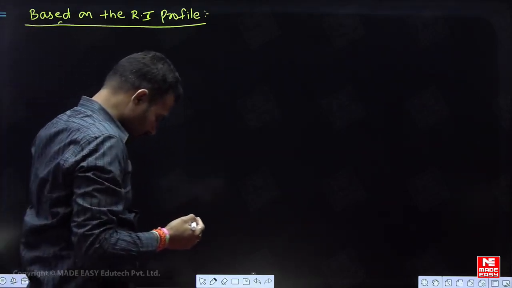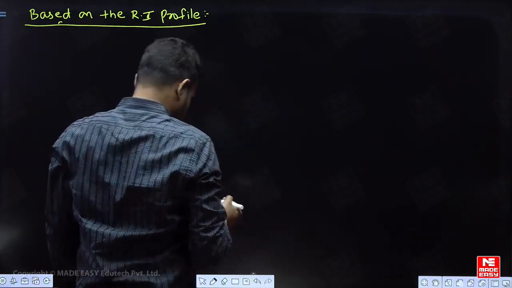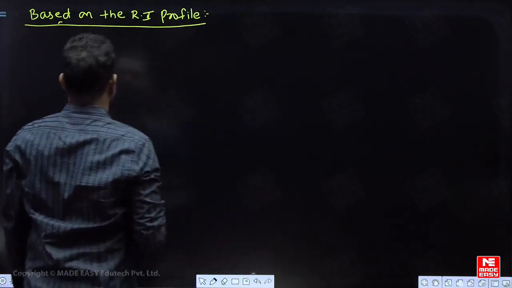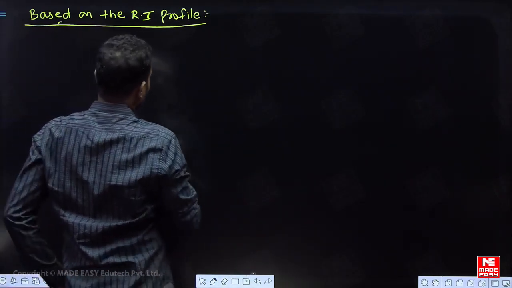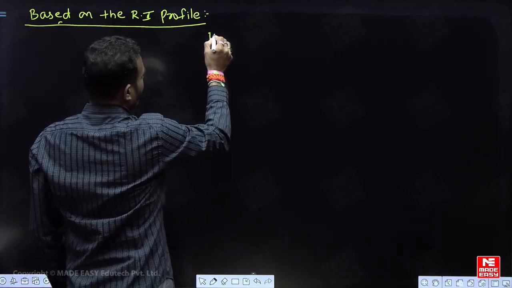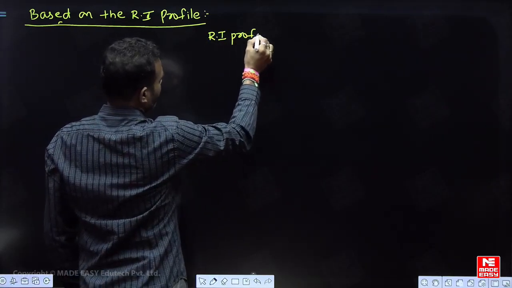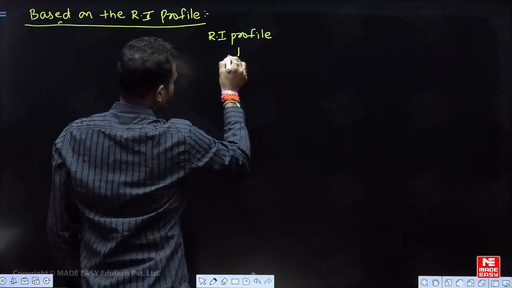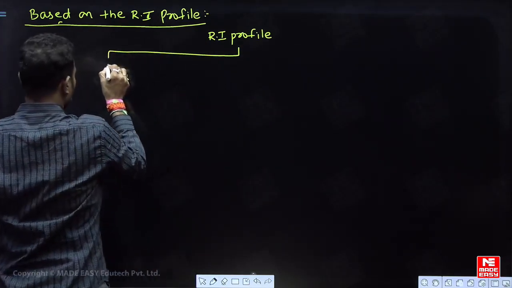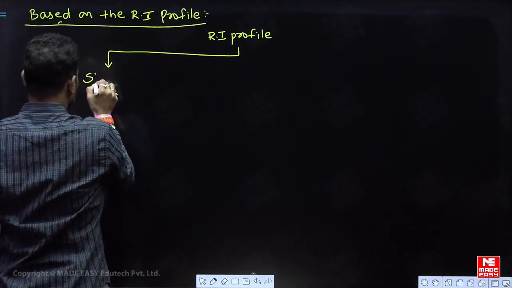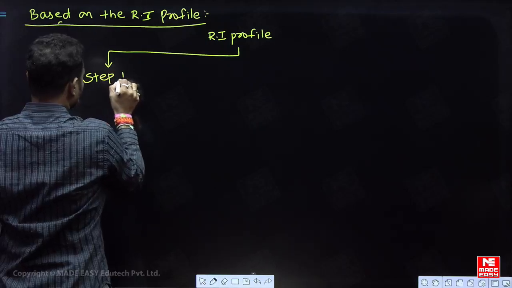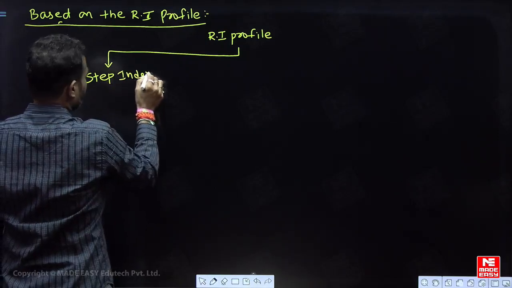When you talk about the refractive index profile, the first important thing is that it is of two types. One is called the step index profile.